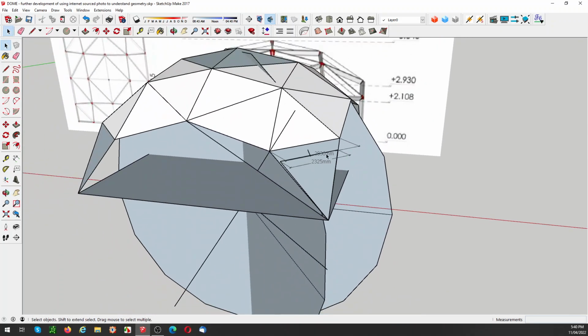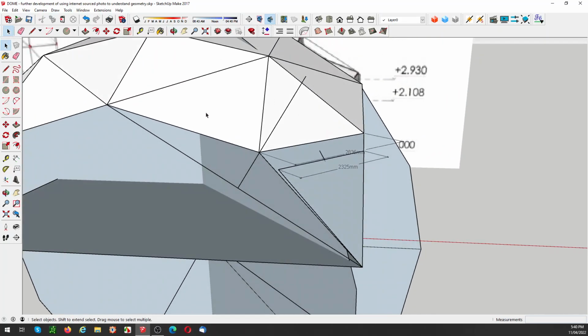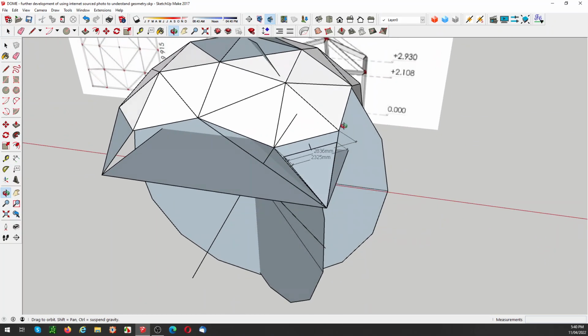Not only is this strut going to be better, or this one here, sorry, in the current example, better proportioned, but it would alter these other two surfaces as well, because it would have to.